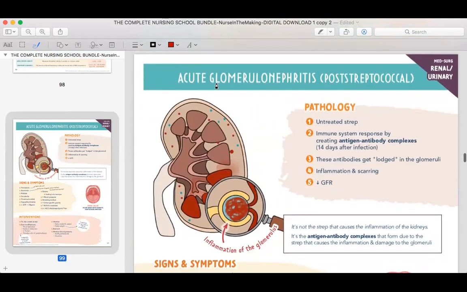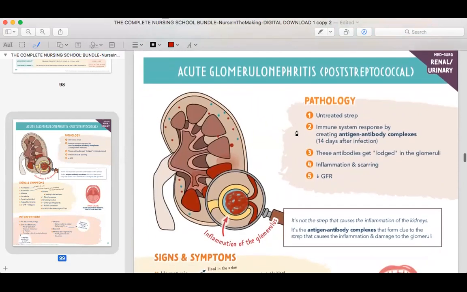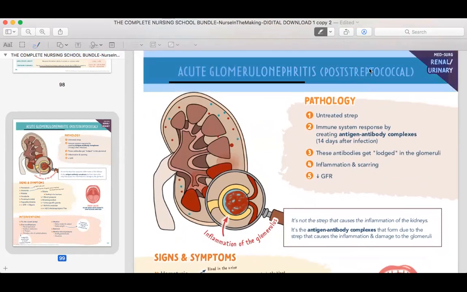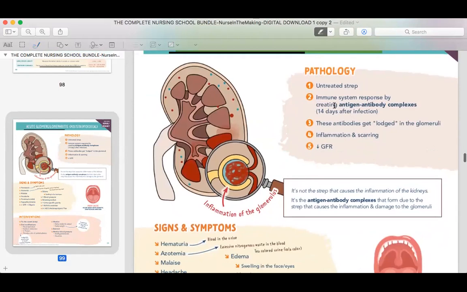Now, for acute glomerulonephritis, this one does show up on ATI, so it's very important to know. They believe it's caused by untreated strep.